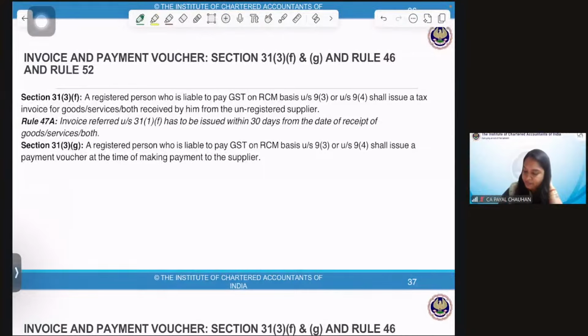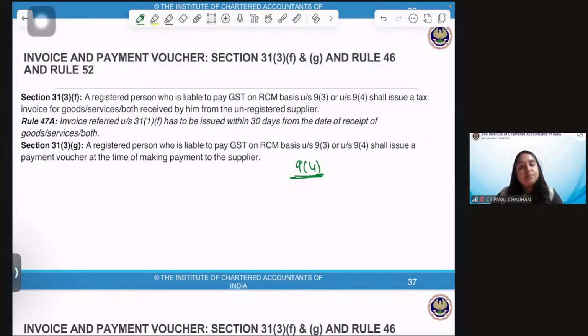What is 9(4)? Developer? Remember developer? Yes. Where the developers of infrastructure, that is affordable housing schemes, construction services.